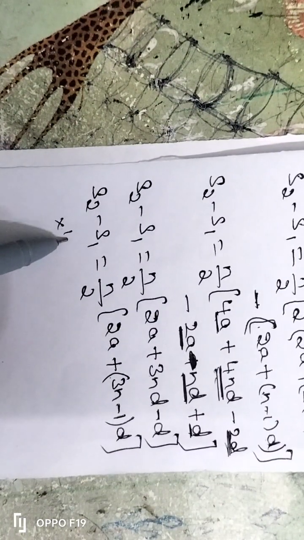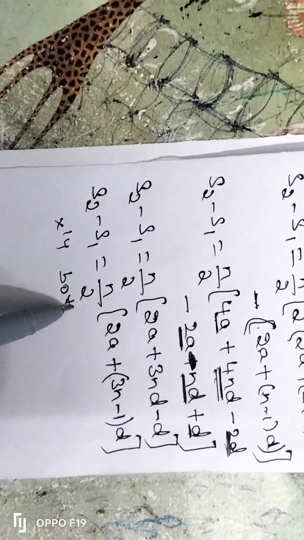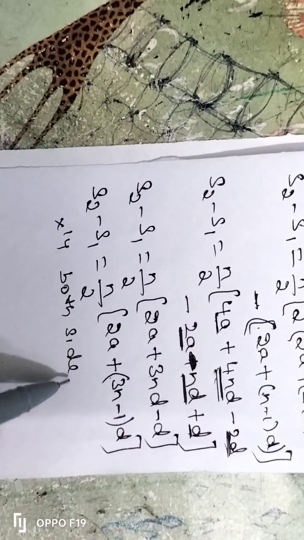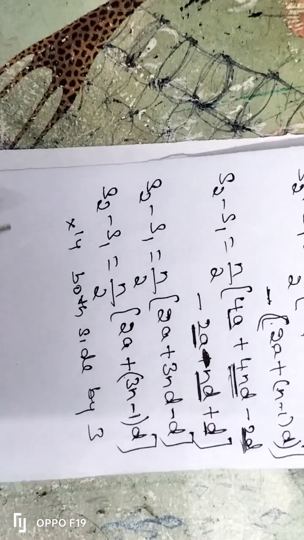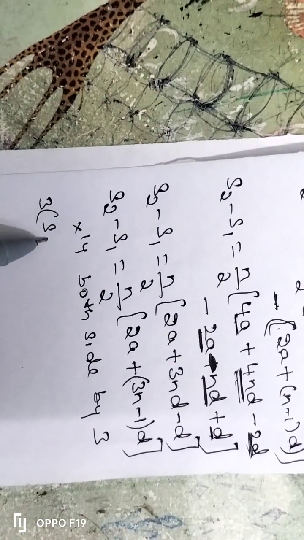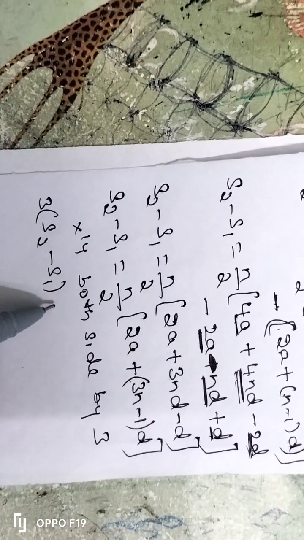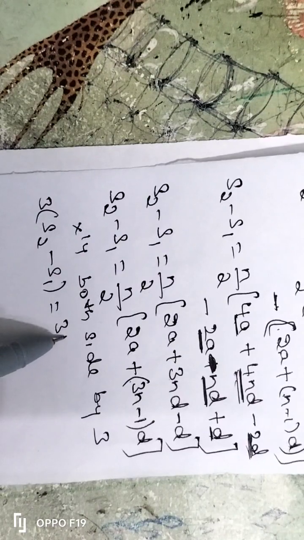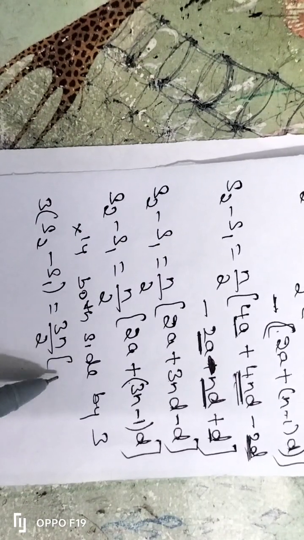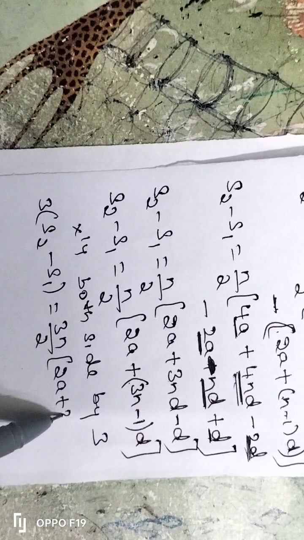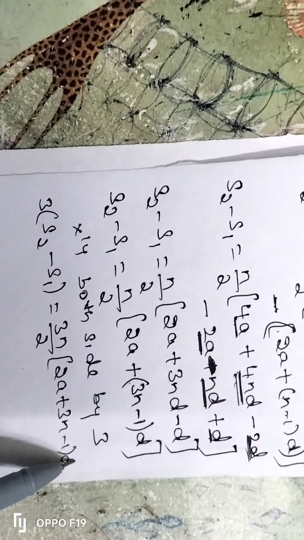So multiply both sides by 3. So 3 into S2 minus S1 is equal to 3 into n by 2 into 2a plus 3n minus 1 into d.